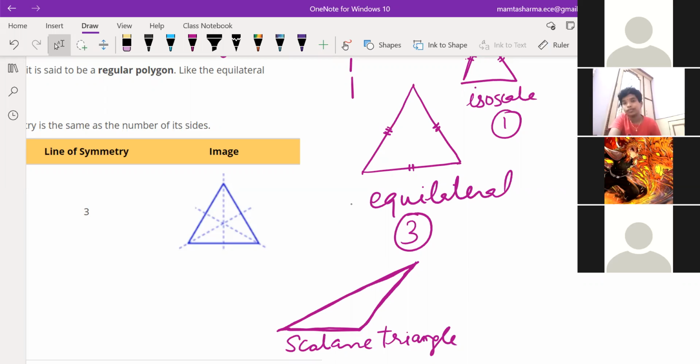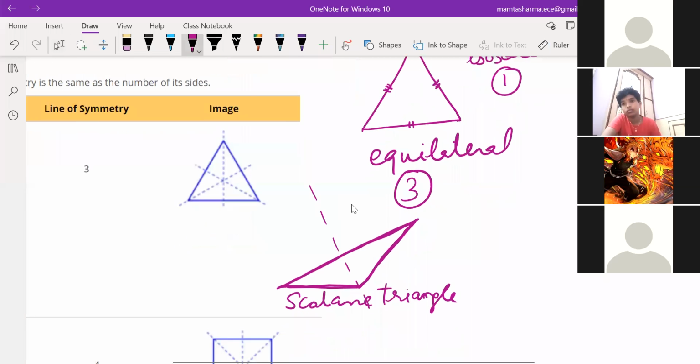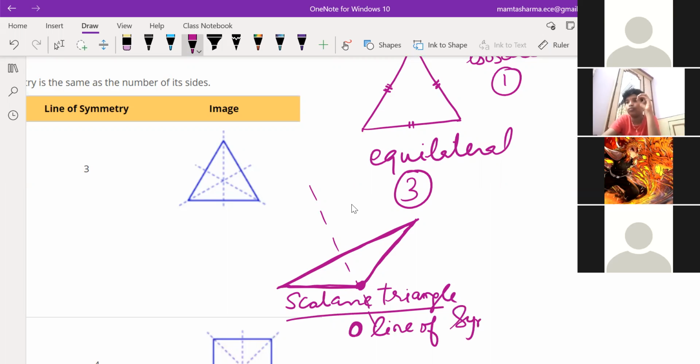We can't divide it into two halves from any line. If you imagine there would be this line, no, this would not divide this into equal halves, because this point will not divide this into equal halves. So for a scalene triangle there would be 0 lines of symmetry, or you can say the scalene triangle is not symmetrical.